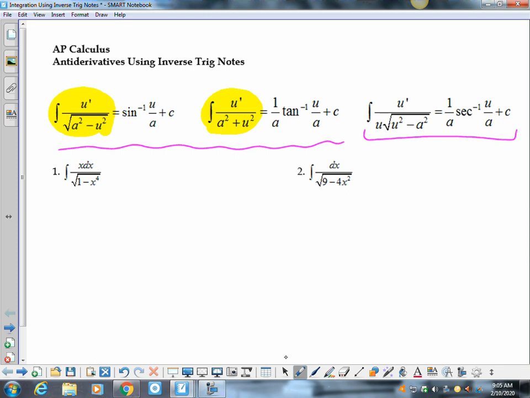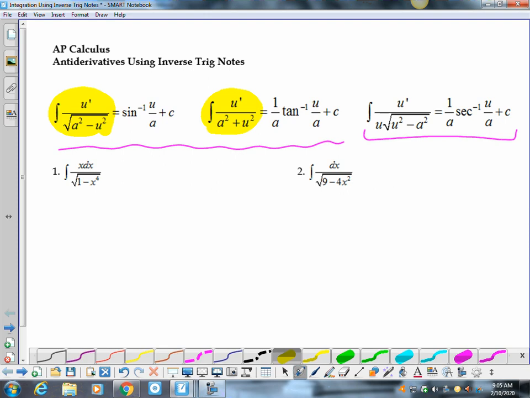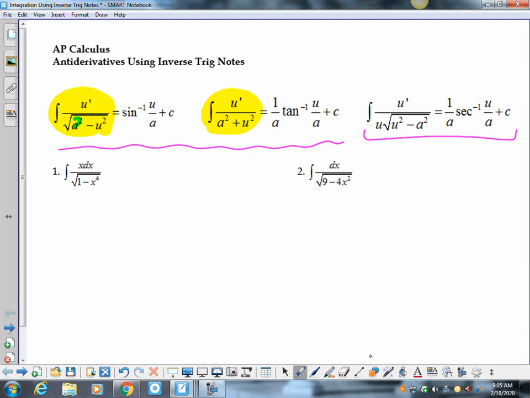Okay, now sine has a squared minus u squared. Well, guys, a squared is a number. So it's going to be like 4 or 25 or 7. And that's your a squared. So here my a squared is 1, and here my a squared is 9. Then it has to have a minus.